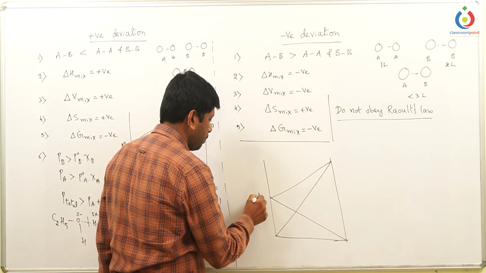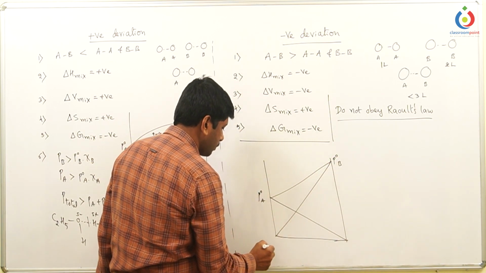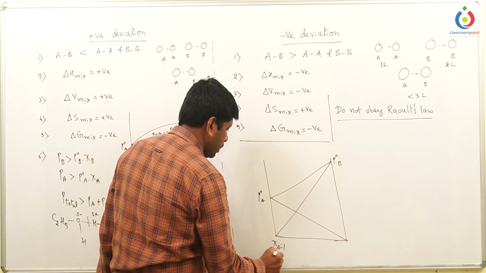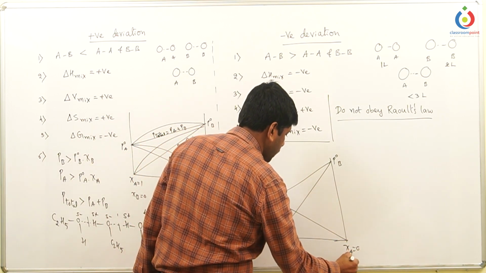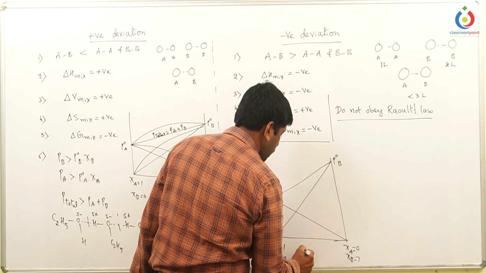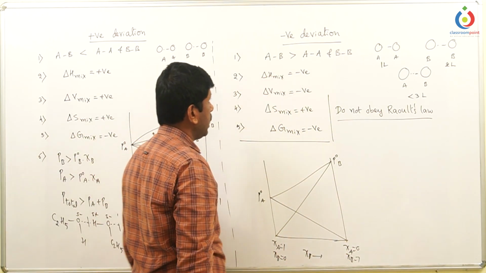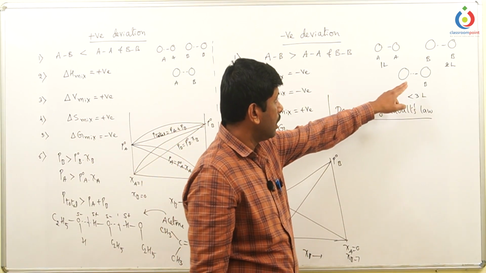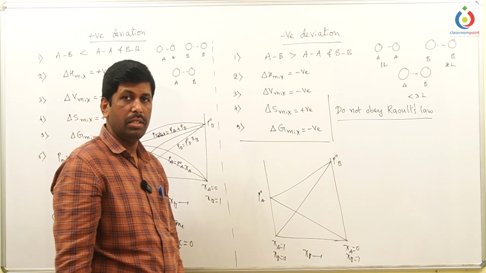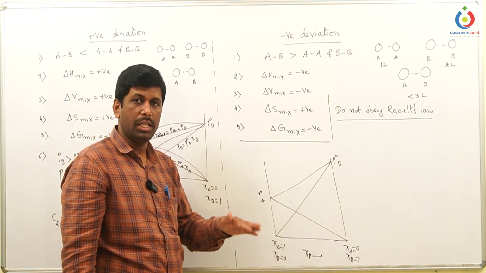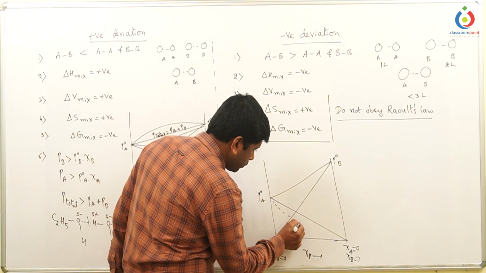This is the rough graph: P naught A, P naught B, XA equals 1, XB equals 0, XA equals 0, XB equals 1, and the variation is observed. Every time the attractions become so strong that the escaping tendency gradually decreases. When escaping tendency decreases, evaporation decreases and vapor pressure also decreases. That's why they show the negative deviation.